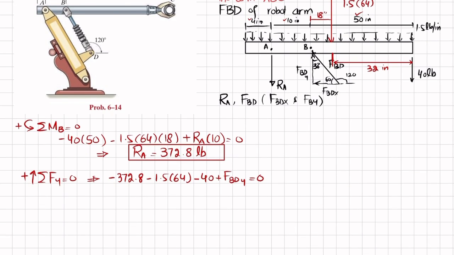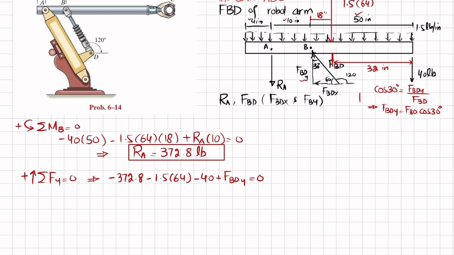Now here you can see that if you take cos of 30 degrees, it will be equal to base divided by hypotenuse. So base is the FBD y component, divided by hypotenuse, which is FBD. So the FBD y component will be equal to FBD cos of 30 degrees.